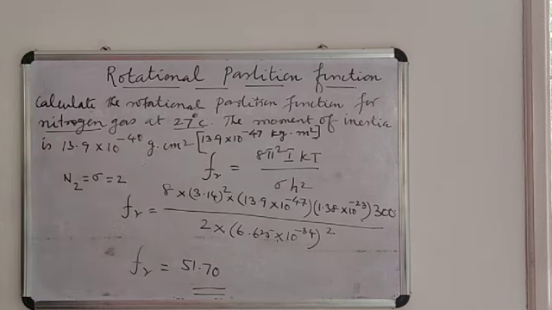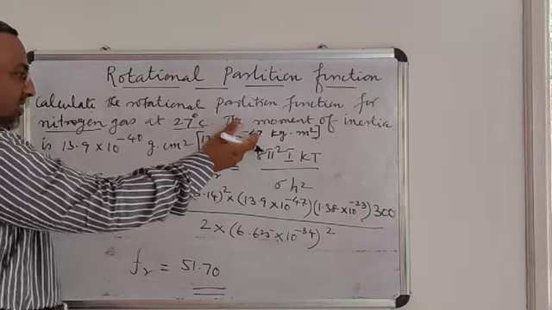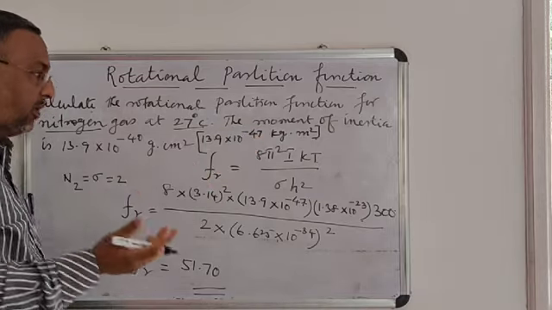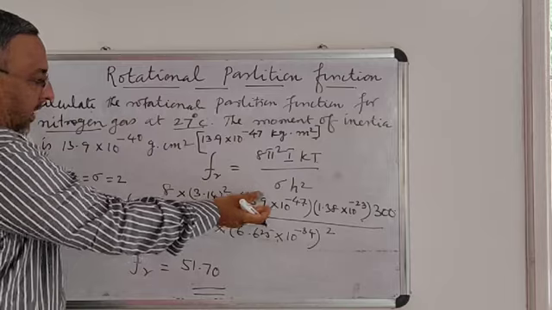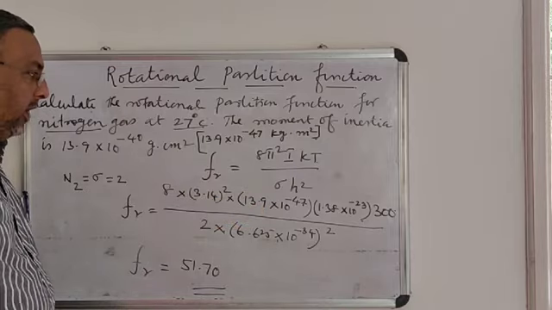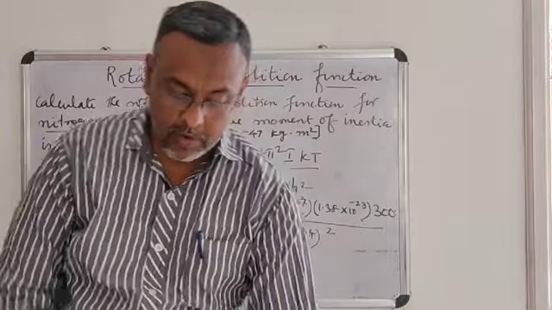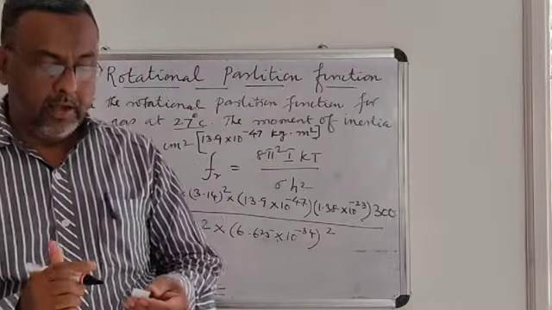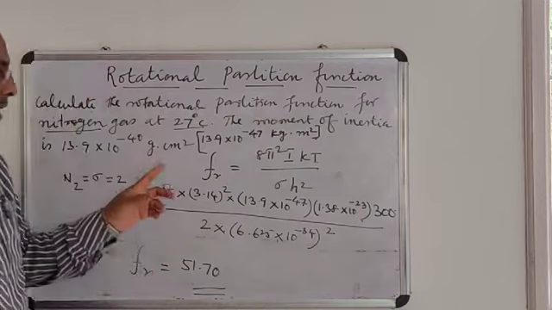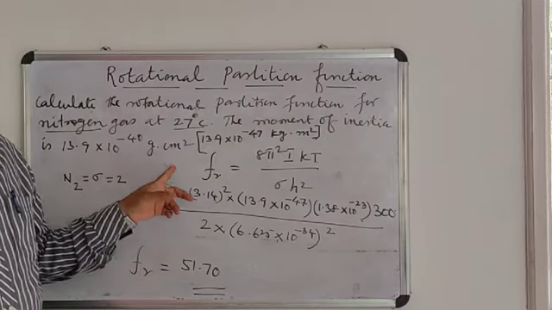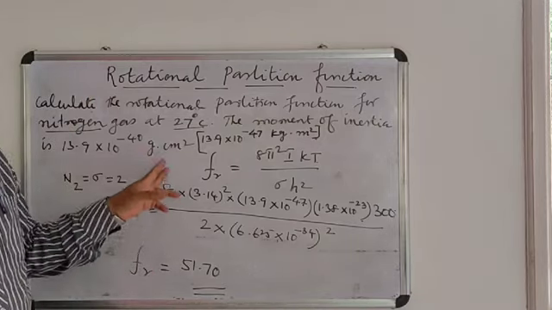Then you have to convert it into kilogram meter square like this. Or if it is directly given in the problem, you can directly take and substitute in the formula. Okay? This is about the rotational partition function, and this is one model of calculating the rotational partition function from the given data.